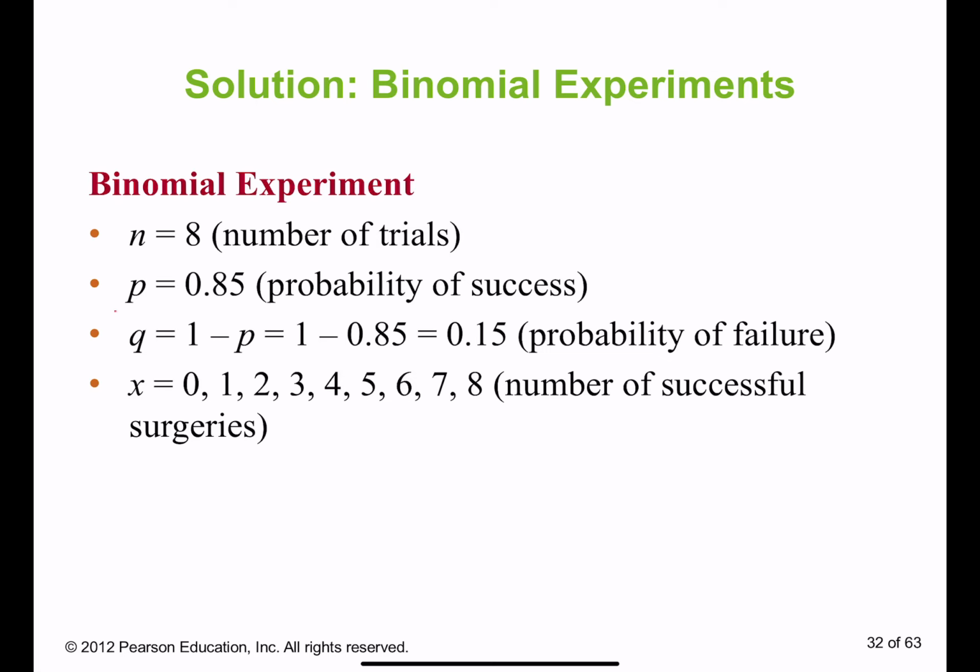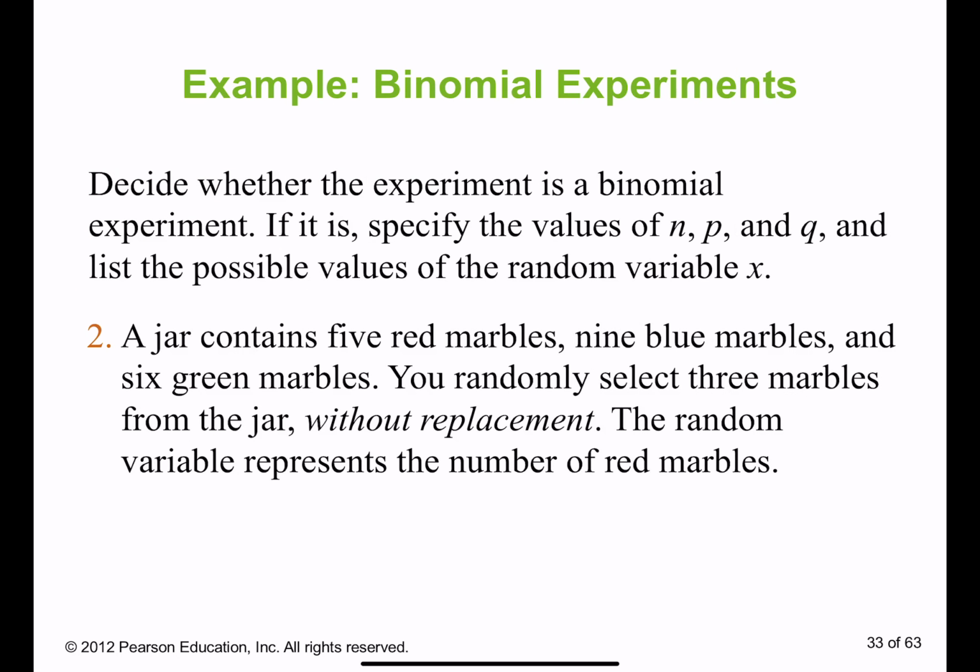So if probability of success is 85, probability of failure will be 15%, right? 100 minus 85, or 1 minus 0.85. Probability of successful surgeries, none of them successful, only 1 successful, 2 successful, 3, all the way to all 88 of them are successful.